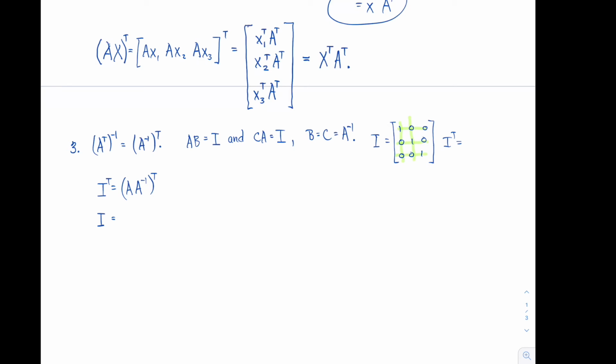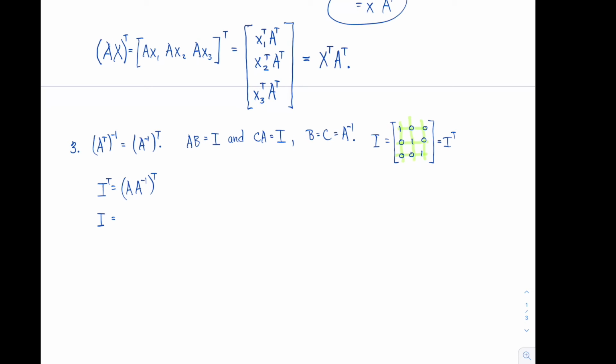Row 2 becomes column 2, but those are the same. And row 3 becomes column 3. Those are the same. And so we can say that I transposed is in fact equal to I. That was kind of quick, but if you look at it, you'll see that it doesn't change. The zeros just get flipped over the diagonal.